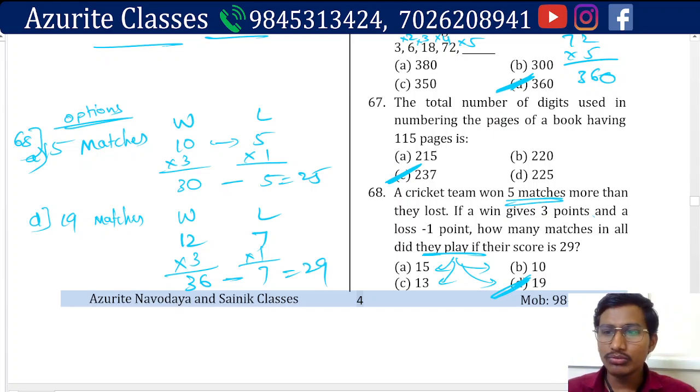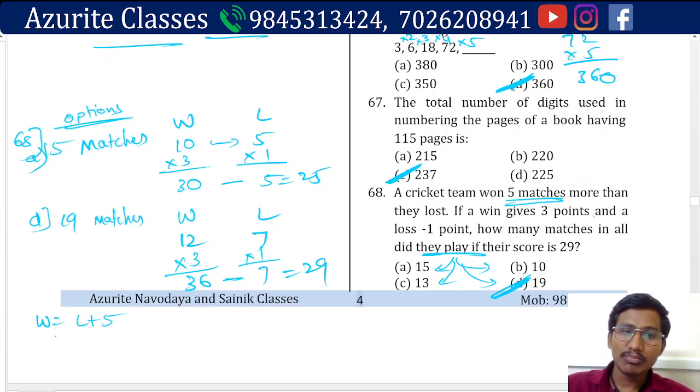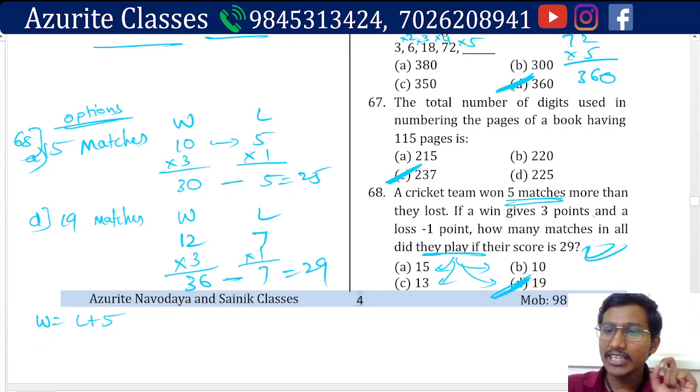Or if you want to do it method-wise, let us see here. They have given that winning is 5 more matches than losing, so L plus 5. So I will take W as L plus 5, and the total points they are telling is 29.